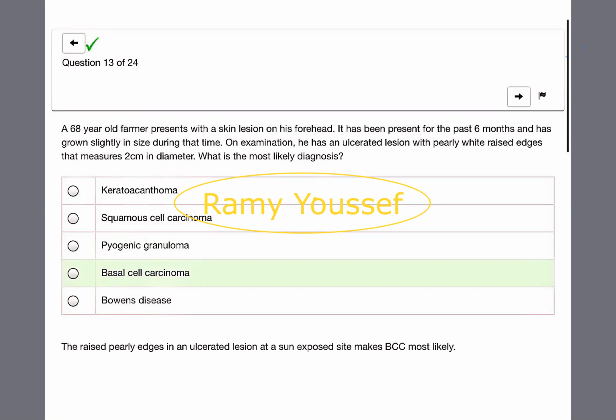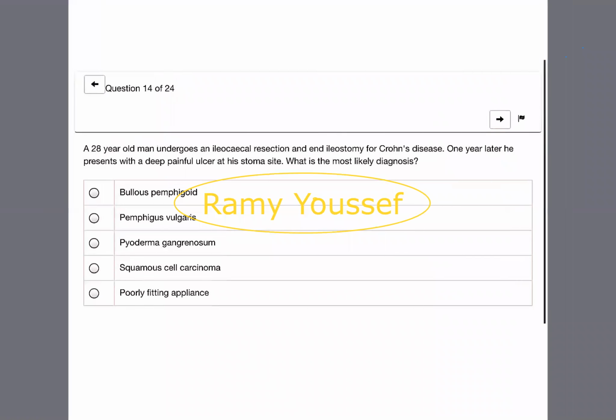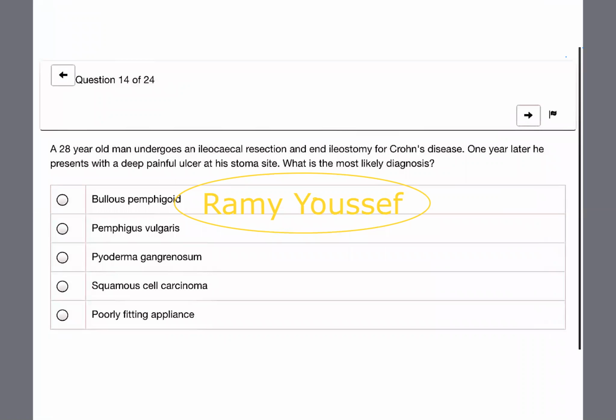In recalls, all questions of basal cell carcinoma have a purely white lesion, sometimes with central ulceration, sometimes a necrotic floor, an everted edge, sometimes surrounding telangiectasia. This is all basal cell carcinoma.